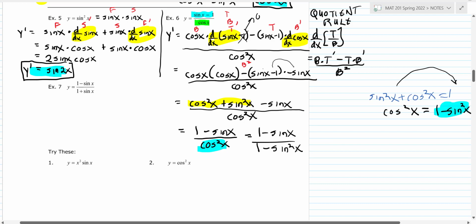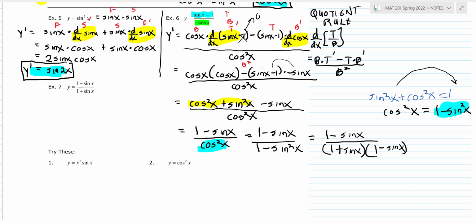There's still more, because you can factor that denominator. That denominator is a difference of two squares. So you get 1 minus sine x all over, and when you draw your two parentheses to factor, you have 1 and 1 to get the 1, and then sine x times sine x to get the sine squared x, and then plus and minus. So these things will cancel out, and when they cancel out, you have a 1 in the numerator.